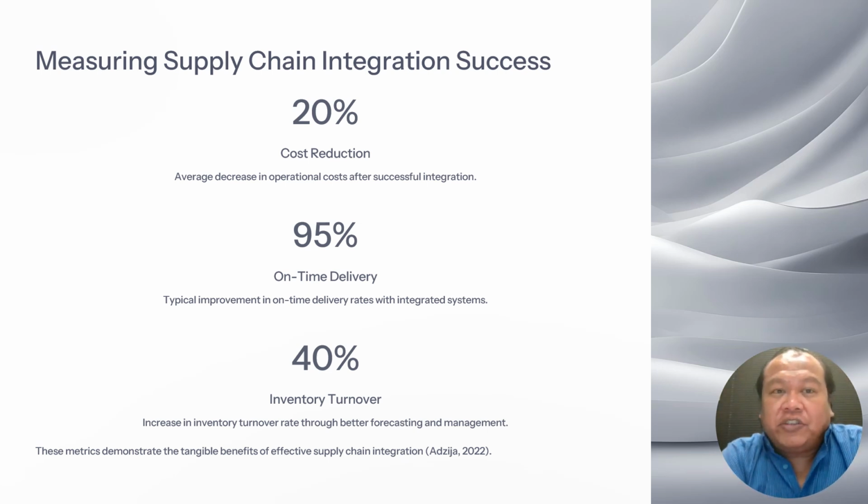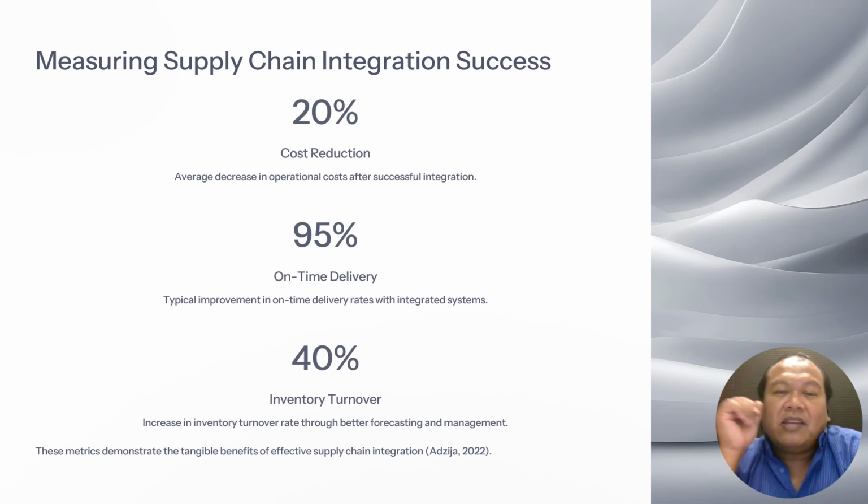Now, how to measure if your supply chain is successful? Number one, at least 20% of your cost gets down. If you are able to save 20% from your usual cost of supply chain management, then that means your supply chain integration is successful. Number two, 95% on time delivery.